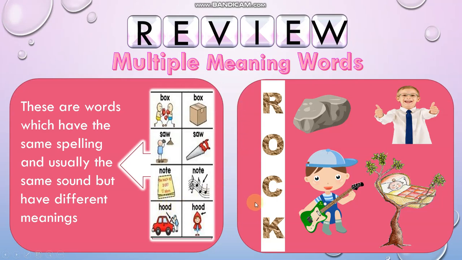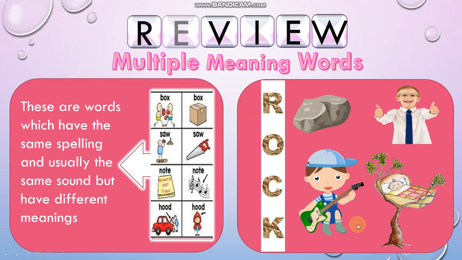Now let's look here. Rock. What do you see in this picture? Rock, and then you have pictures that mean the word rock. This one is a rock. There's a boy playing rock music. So we're talking about a kind of music, rock music. And then there's this boy who's saying that you rock. He's telling you awesome.